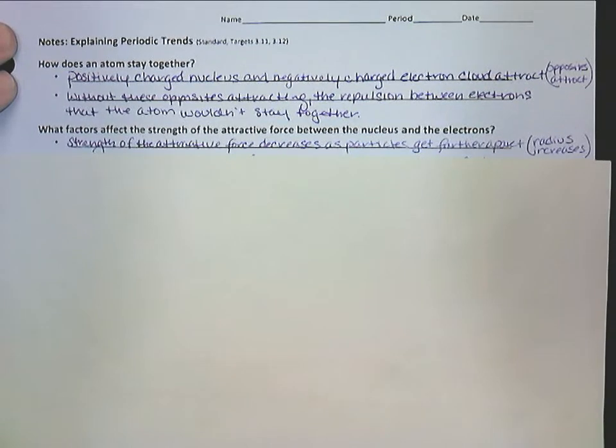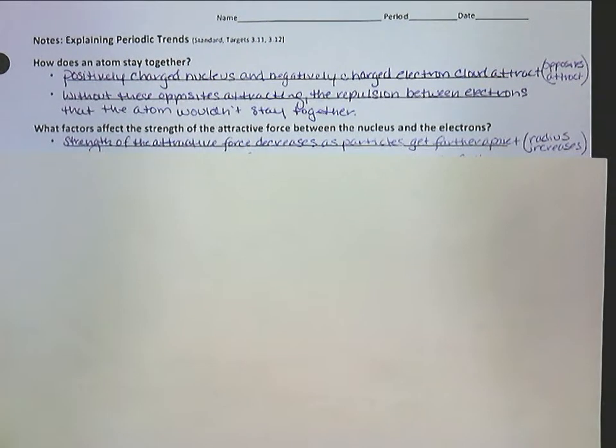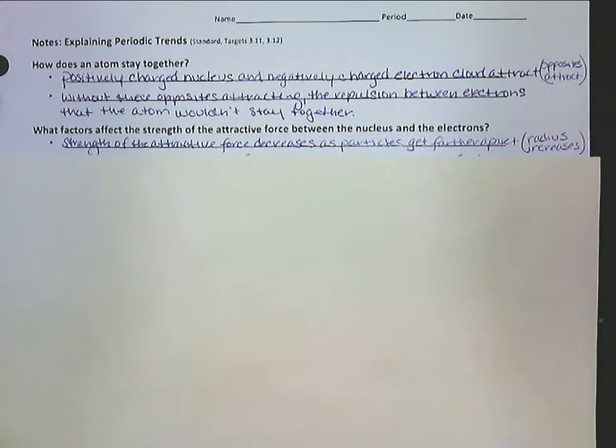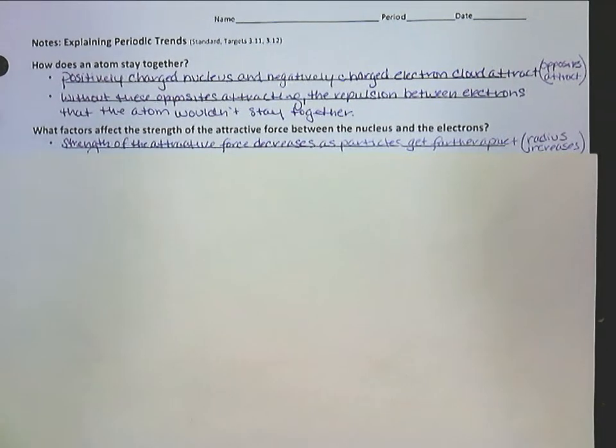So the strength of the attractive force decreases as the particles get further apart. We call this the radius, the distance from the nucleus all the way out to the electron cloud, specifically the valence shell, or the outermost electrons. So as the strength of the attractive force decreases, the radius, or the size of the atom, increases.